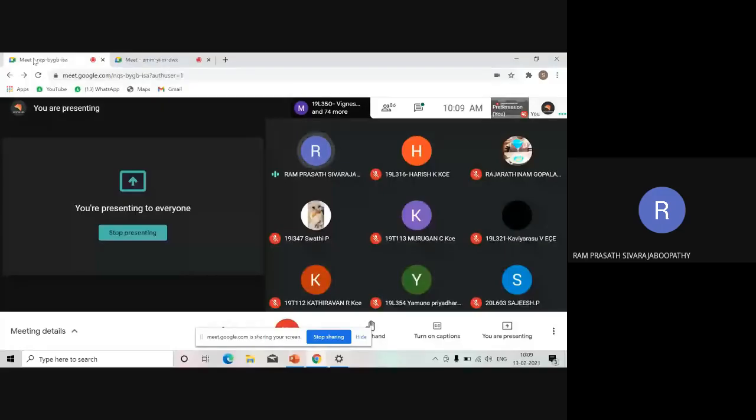That means the same ID you have logged in 2 times. Kindly check it. In classroom 1, there are 2 Shivakumar showing for me. Sir, in class 2, am I there, sir? Yes. Shivakumar? Yes, sir. Wait a minute.